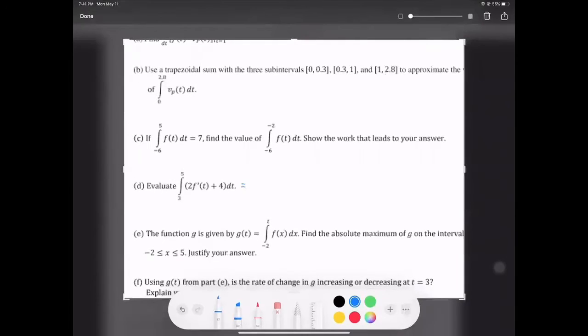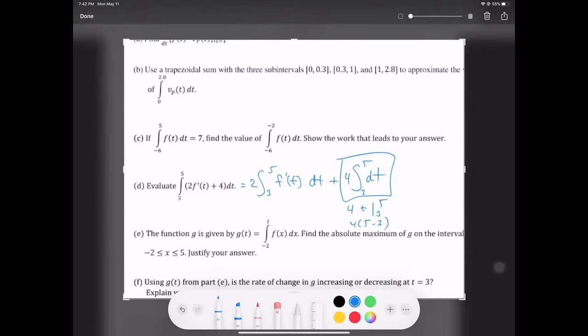This could be the integral from 3 to 5, bring out the 2, of f prime of t dt, plus the integral of 4, which is a constant, dt, from 3 to 5. So on the right side, we would just do the integral. This would be 4t, plug in 3 to 5, so it'd be 4 times 5 minus 3.